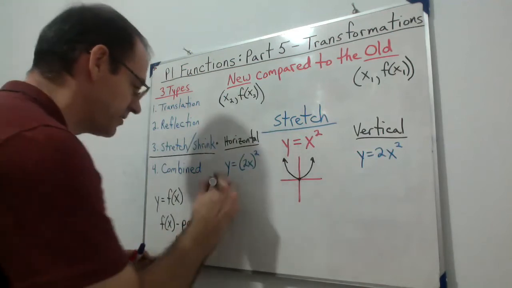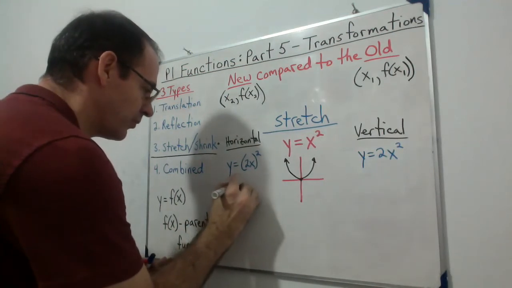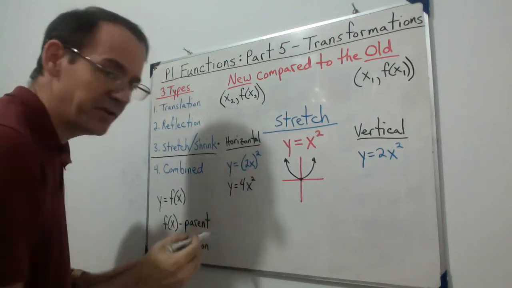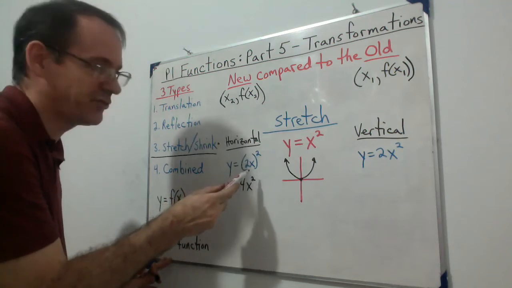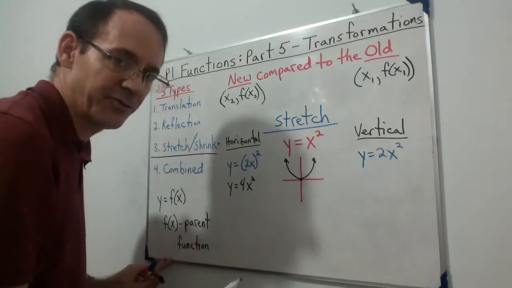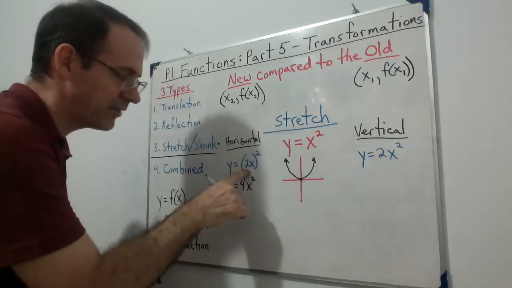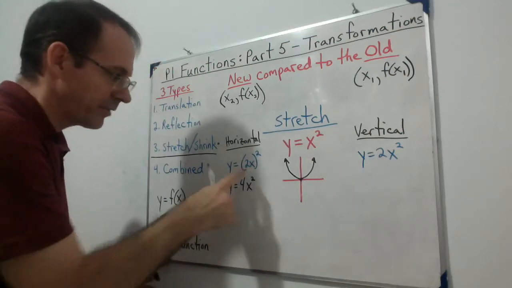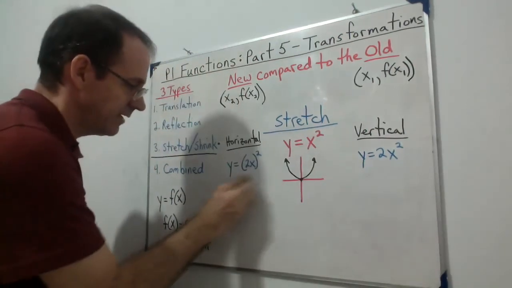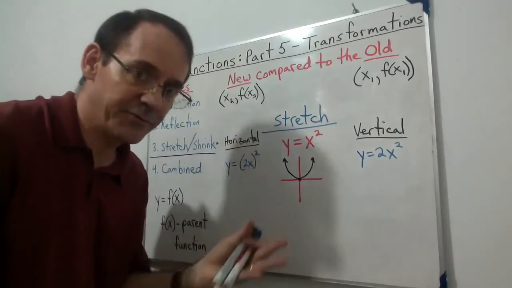So I would change this to y equals 4x squared. So notice that a horizontal stretch can actually be converted into a vertical stretch. So a horizontal stretch of, and remember, actually, maybe I should do this first, because stretches are confusing.